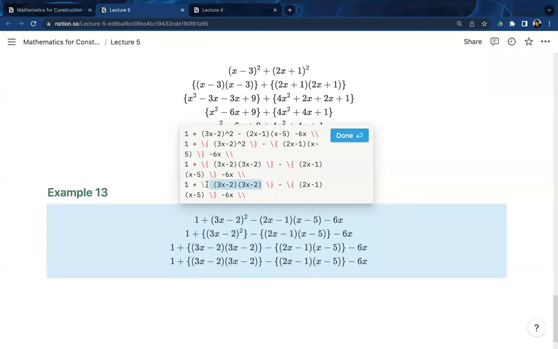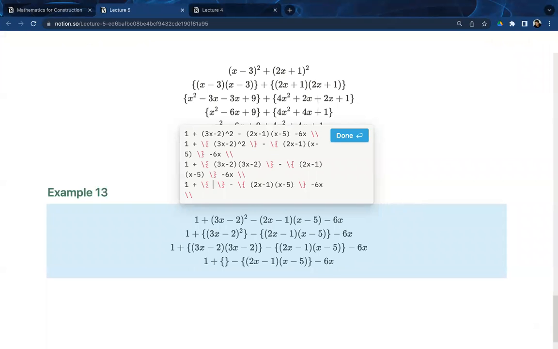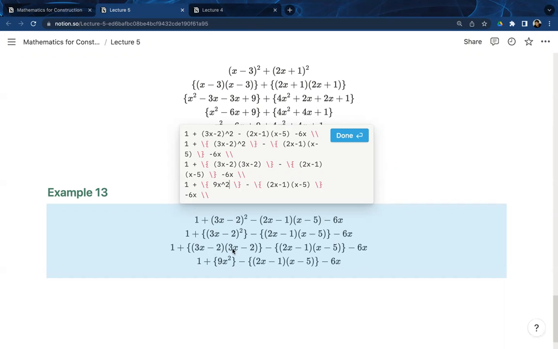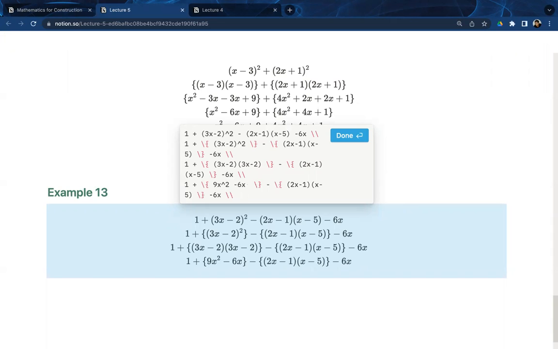So this 3x minus 2 all squared here, 3x by 3x is 9x squared, 2 by 3, this is minus 6x, 3 by 2 is minus 6x, and then negative 2 by negative 2 is plus 4.